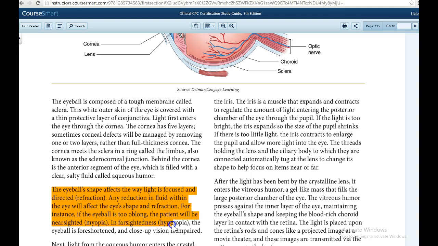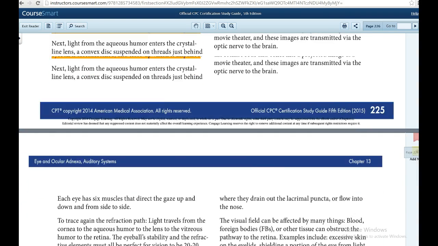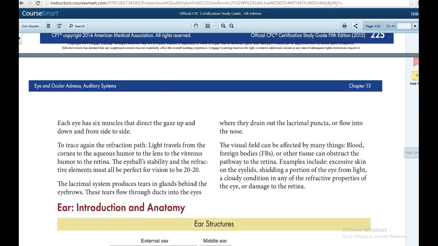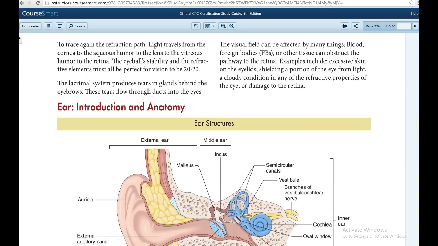Now, if the patient is farsighted, or hyperopia, the eyeball is foreshortened and close-up vision is impaired. So if you are farsighted, your close-up vision will be impaired. That is called hyperopia. It sounds backwards, but those are the terms for nearsighted and farsighted.